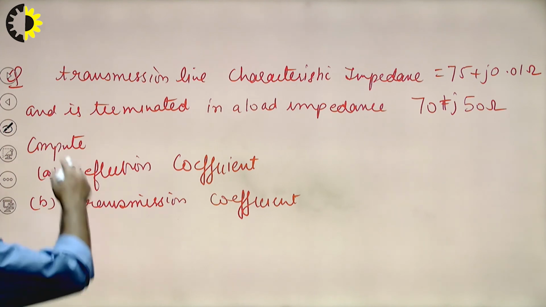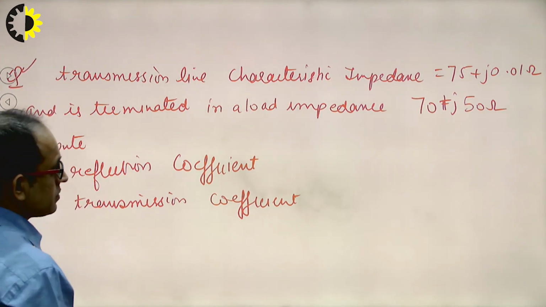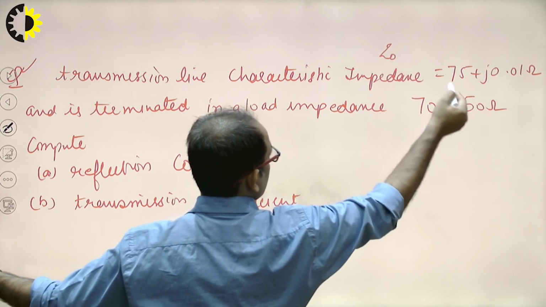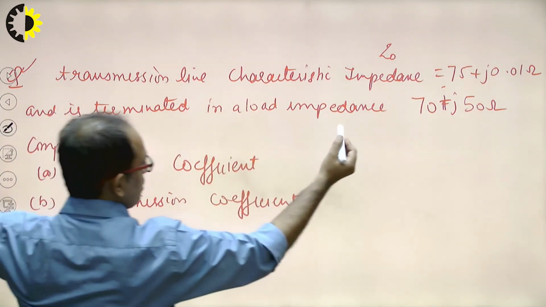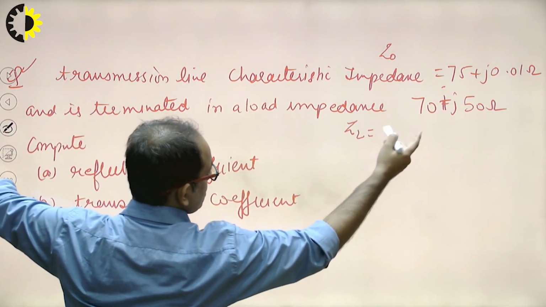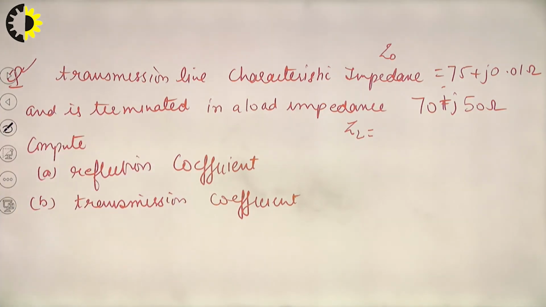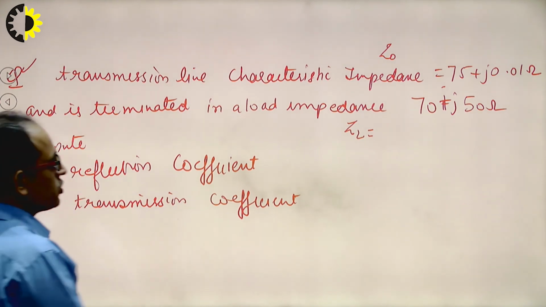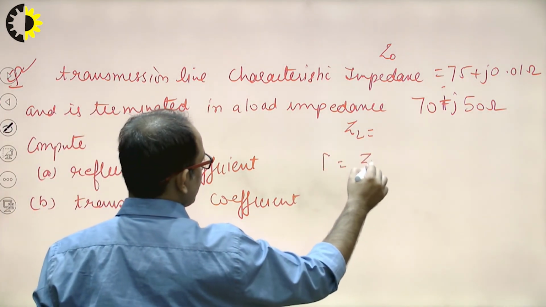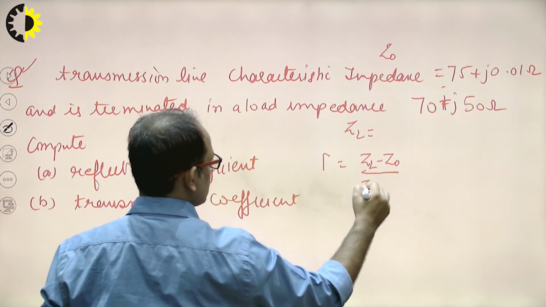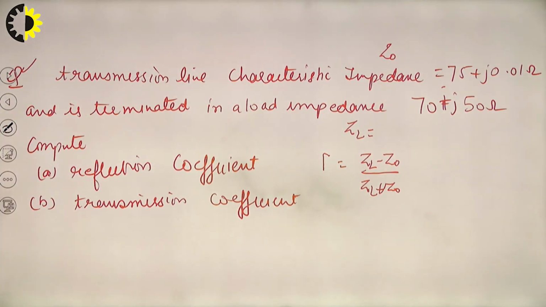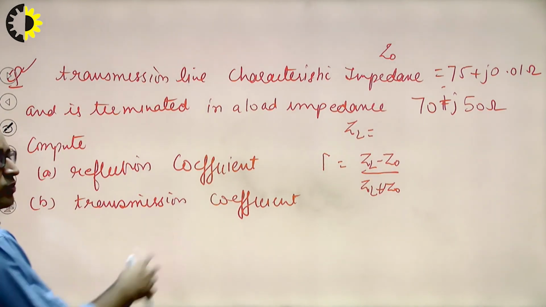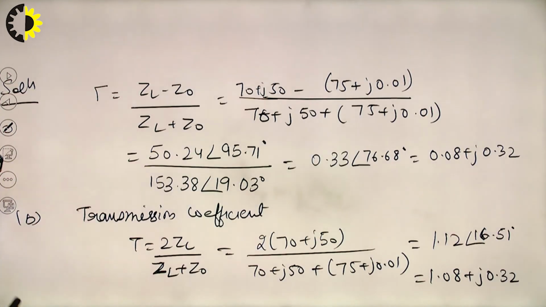Now next numerical: a transmission line has a characteristic impedance Z0 given as 75 plus j0.01 ohm, and is terminated in a load impedance, ZL equals 70 plus j50 ohm. Compute the reflection coefficient and the transmission coefficient. As we know, the reflection coefficient is equal to ZL minus Z0 upon ZL plus Z0, and transmission coefficient is equal to 2 ZL upon ZL plus Z0.